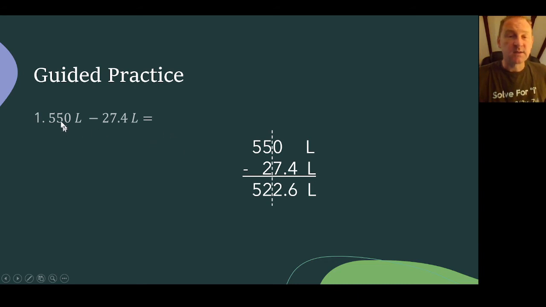But regardless, this goes to the tens place, while the following number only goes to the tenths place. So we're going to have to round off at this point here. Because the number after the 2 is 5 or less than 5, we don't have to round up. So we would record this as 520 liters.